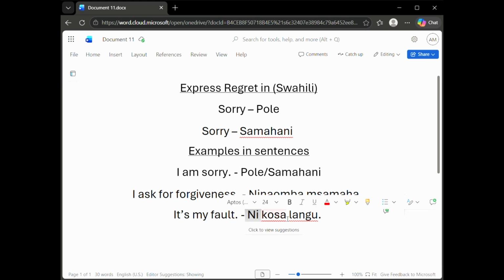Kosa is the Swahili word for fault, then langu means my. So ni kosa langu. The whole pronunciation, ni kosa langu. You're saying it's my fault. You can pause and go through that pronunciation so that you can understand it better.